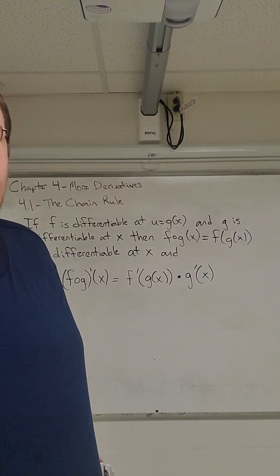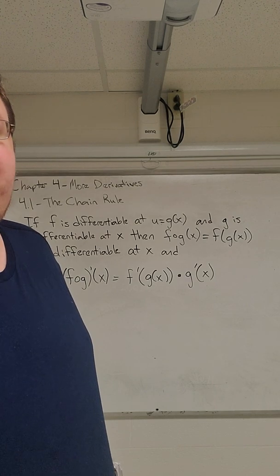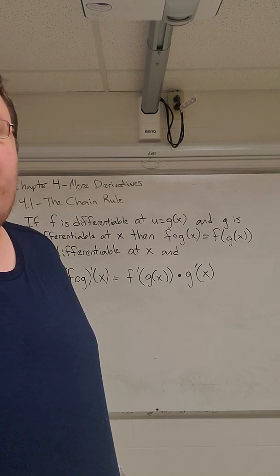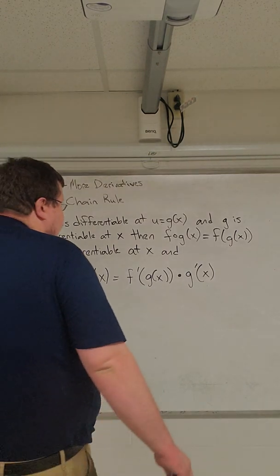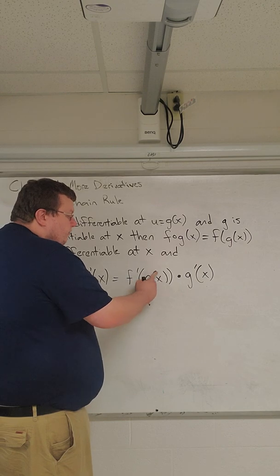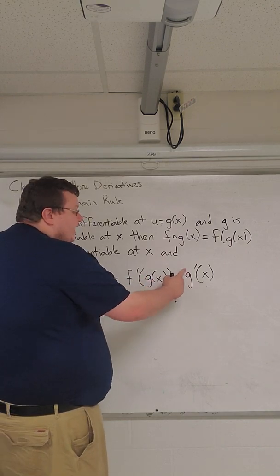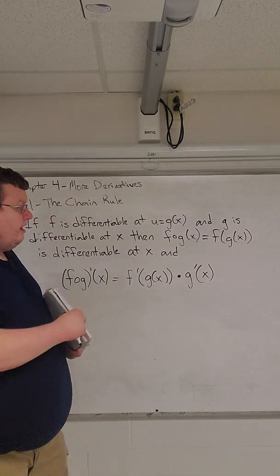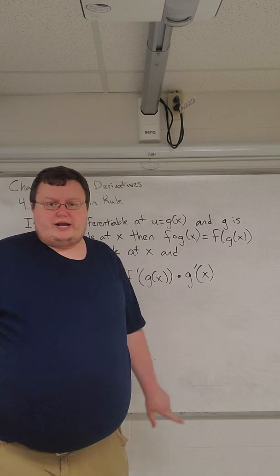You have to know how to determine the inside function and then determine which function is the outside function. Because in the chain rule, I take the derivative of the outside with g, the inside, still plugged in, times the derivative of the inside. This is the chain, the g prime of x on the end right here.